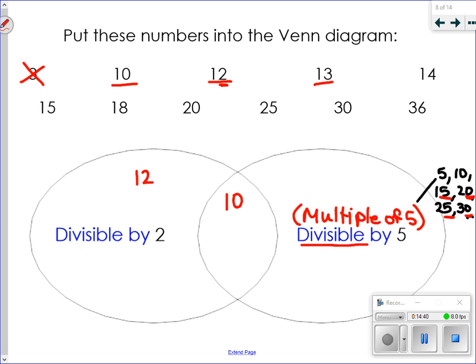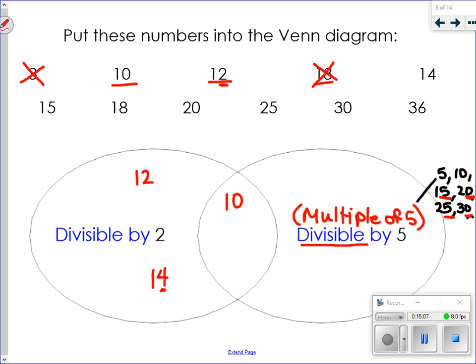What about 13? Is it divisible by 2? Nope. Doesn't end with 0, 2, 4, 6, 8. What about divisible by 5? Does it end with a 0 or a 5? Nope. Doesn't belong up there at all. What about 14? Is it divisible by 2? Yes, it has an even number in the ones place.